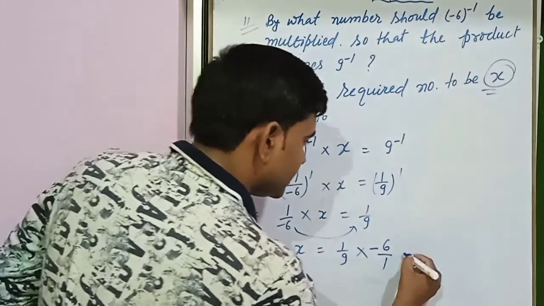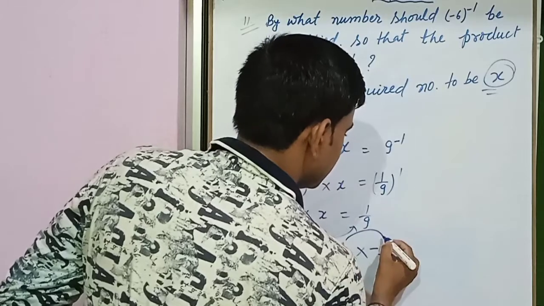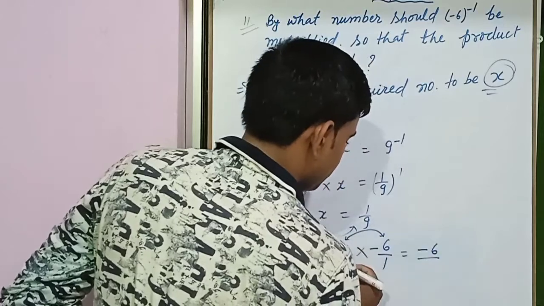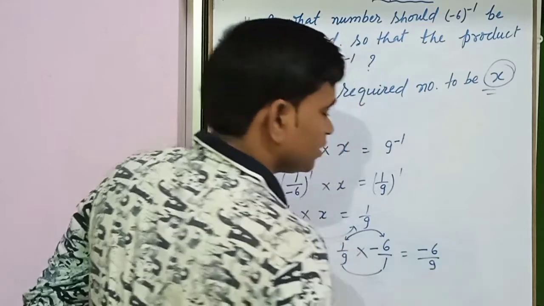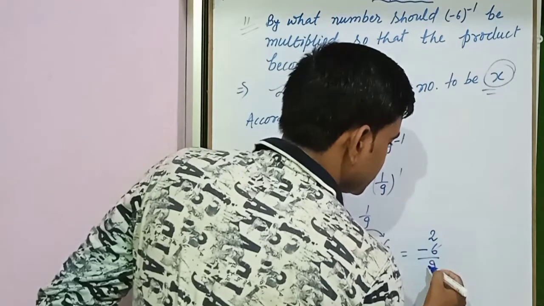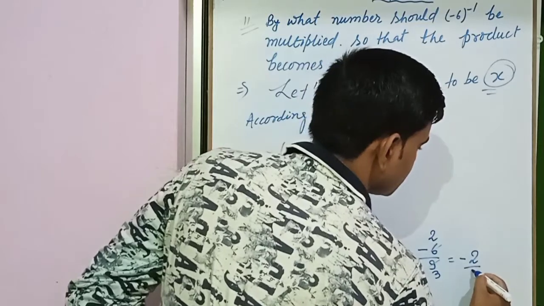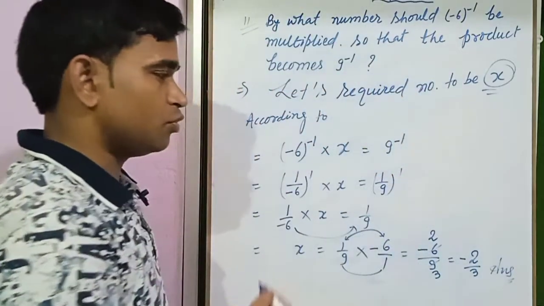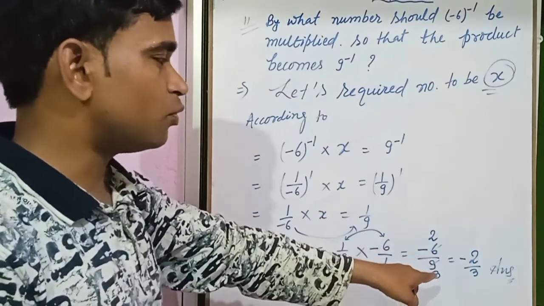We multiply 1 into minus 6, and 1 into 9, so we get 9. It will be divisible: 2 threes are 6, 3 threes are 9. So its answer will be minus 2 upon 3. So we have got minus 2 upon 3.